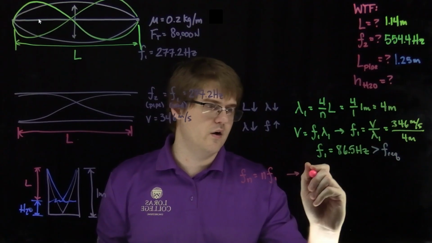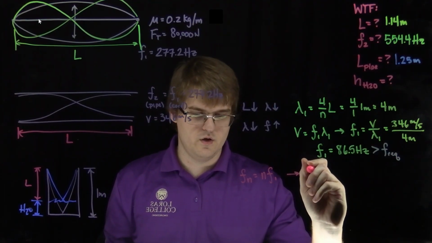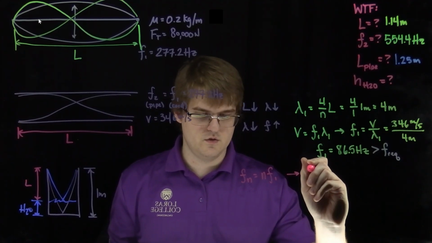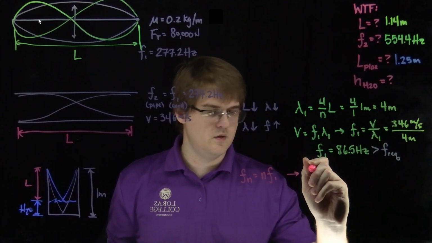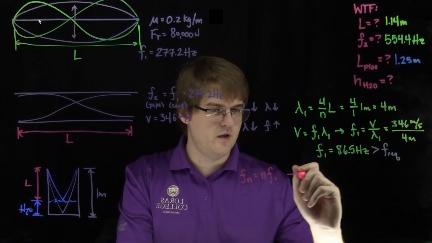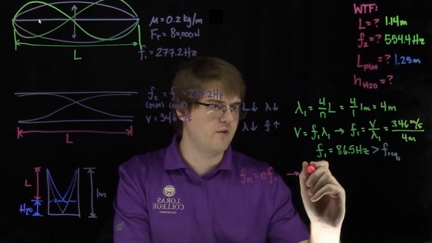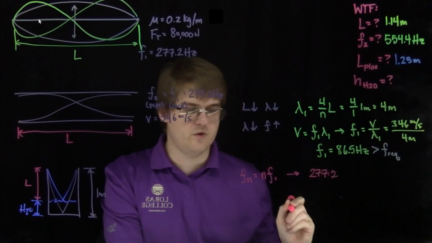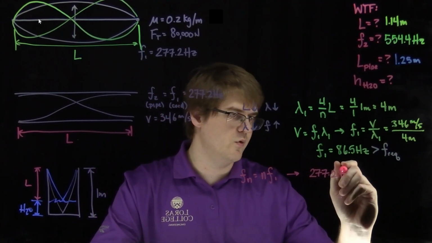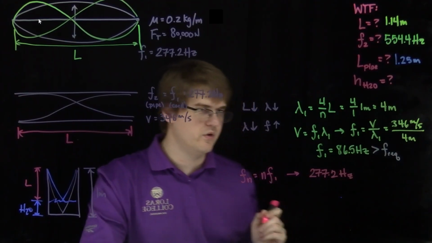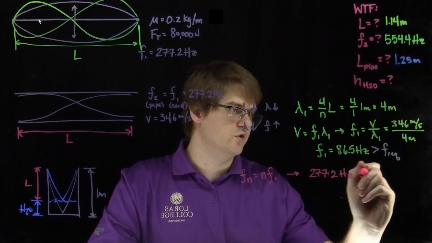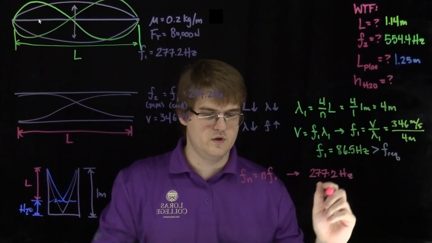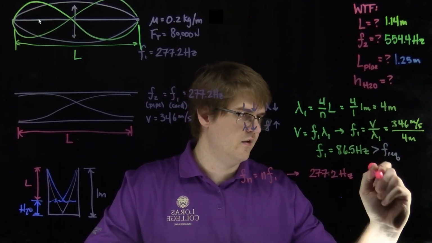And in the case where I want F2, Fn is 277, so I've got 277 because I want some frequency that falls at some harmonic of 277.2 hertz, is going to be related to n F1.